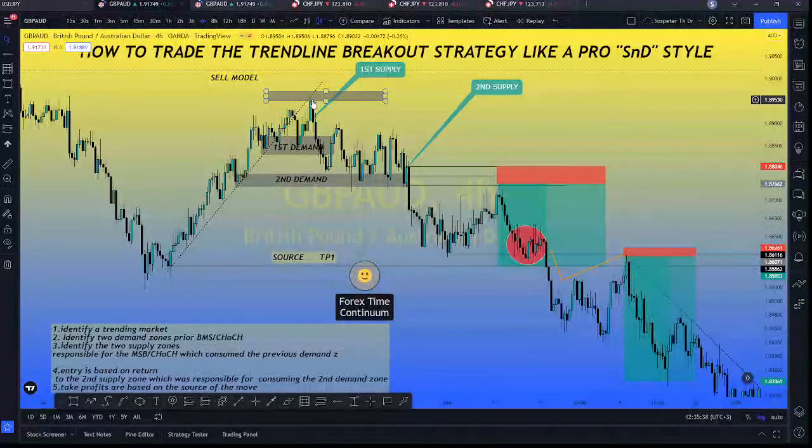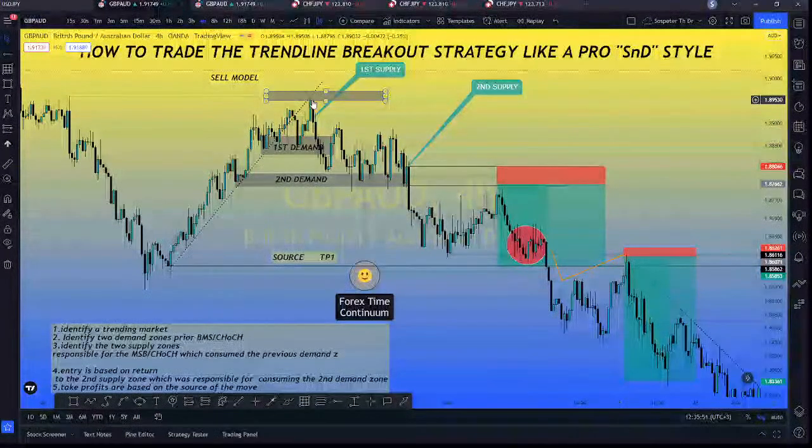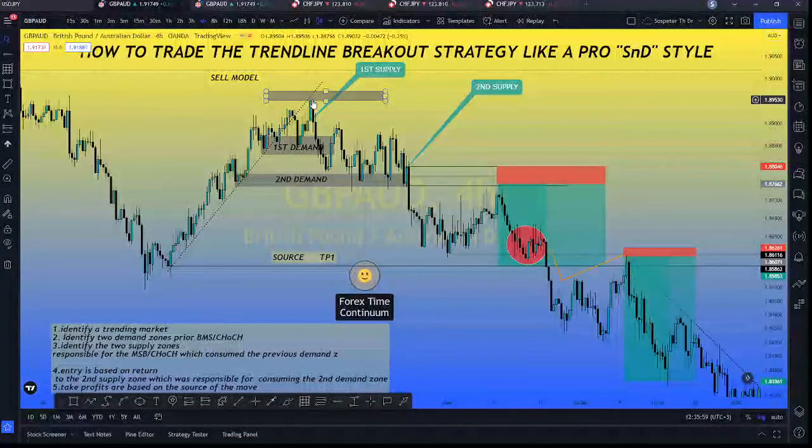When the second demand is taken out, that's when I usually consider the change of character confirmed. The first usually gives me 50% of the change of character, but when they break the second demand zone, that's when I confirm the change of character.